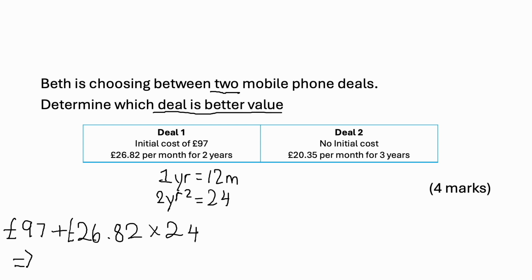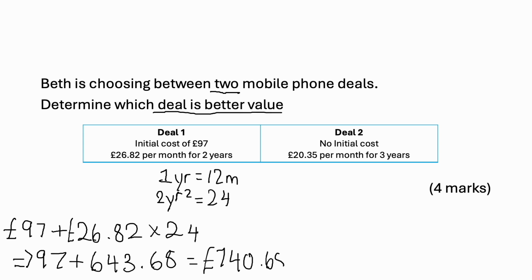When we times these two together, we get an answer of £643.68. So now we just need to do 97 add 643.68, and we get an answer of £740.68.